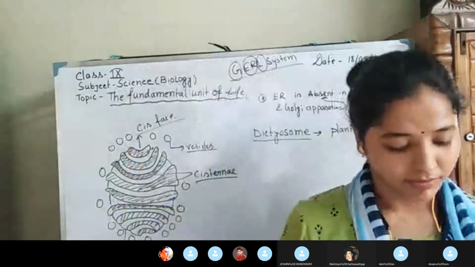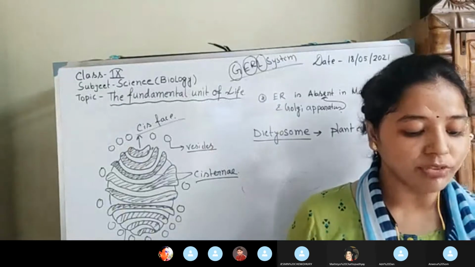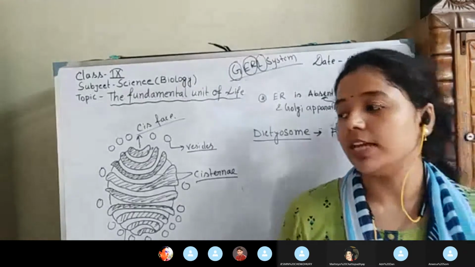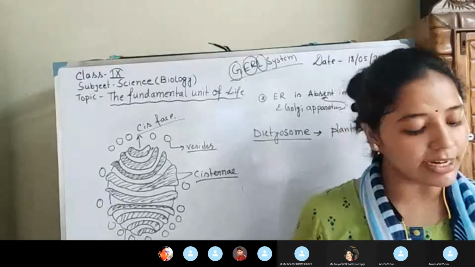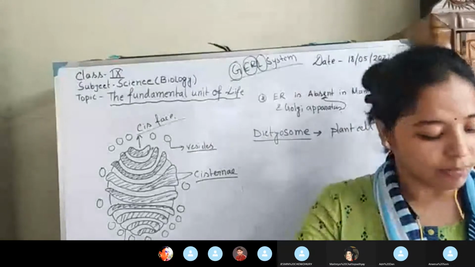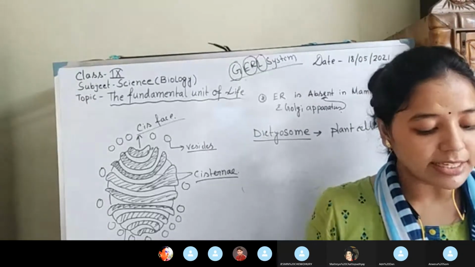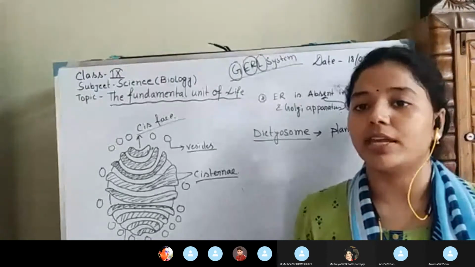Okay. Now we can draw the figure. The next function I have told you, they are formed by the Golgi apparatus, and the next function of the Golgi apparatus is secretion. All types of substances which are to be secreted or excreted out from the cell are packed in vesicles by the Golgi apparatus for passage to the outside.